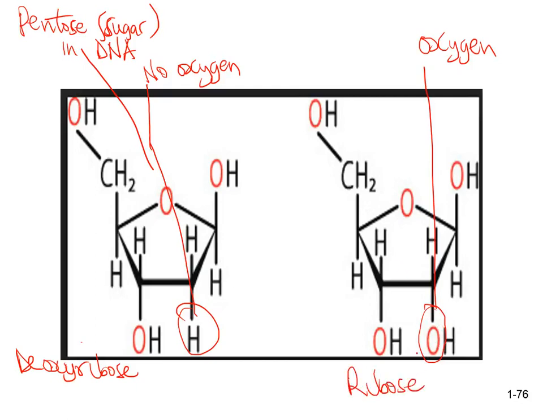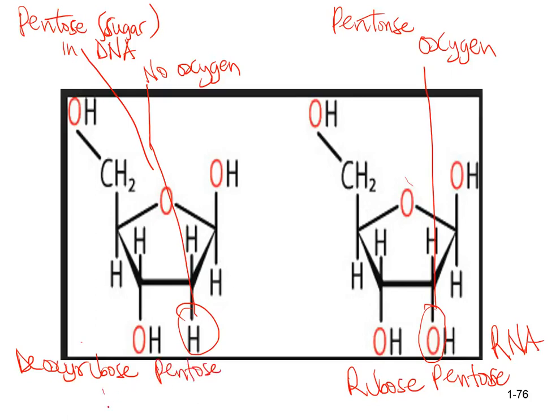So this pentose, the ribose pentose, is for RNA. The deoxyribose pentose is for DNA.